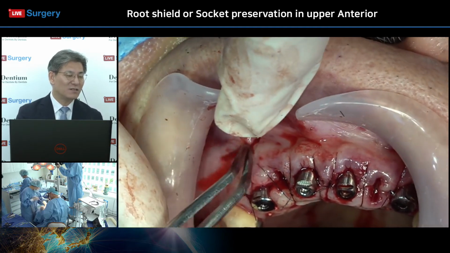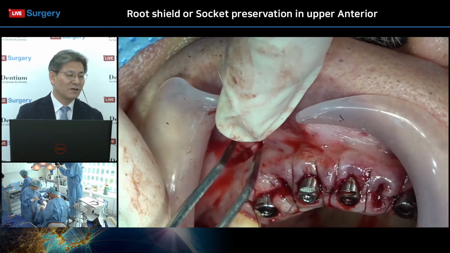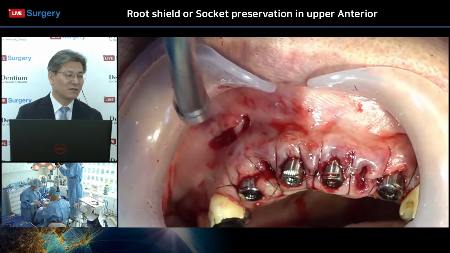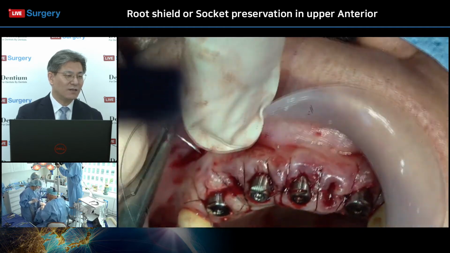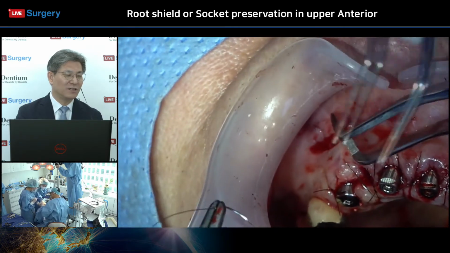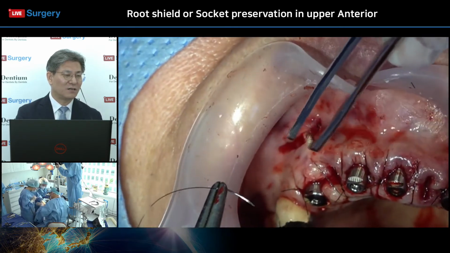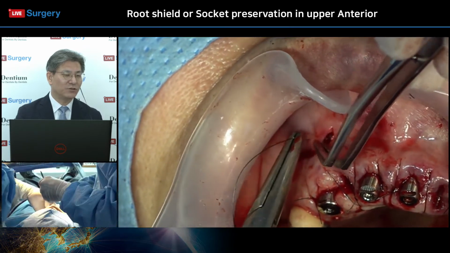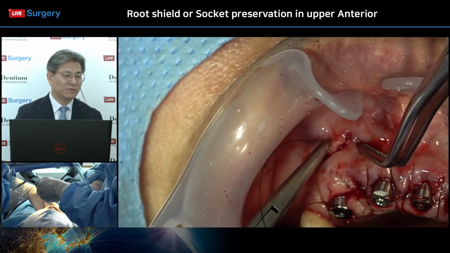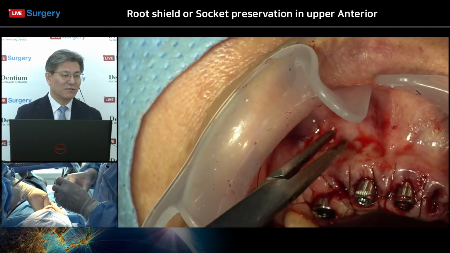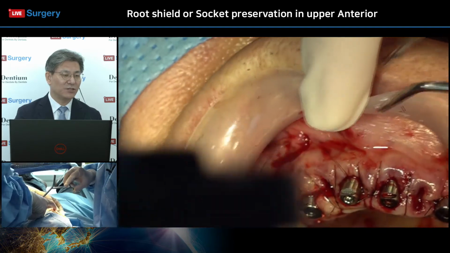Stay tuned. The suture is not the ending of today's surgery. Part 2 is waiting for you today. After surgery, we can see a very interesting method for impression.